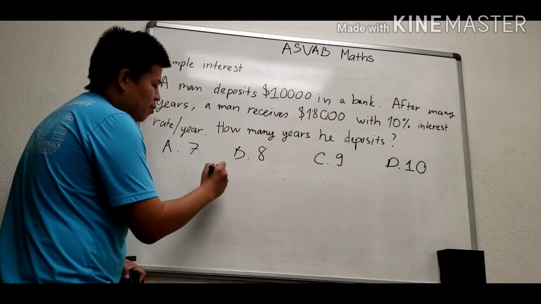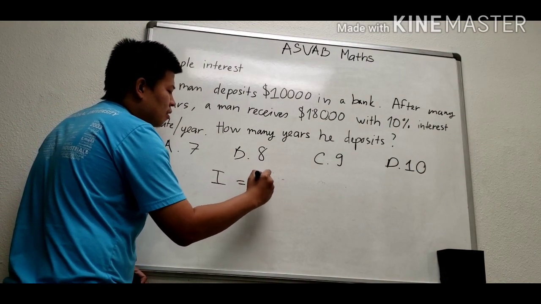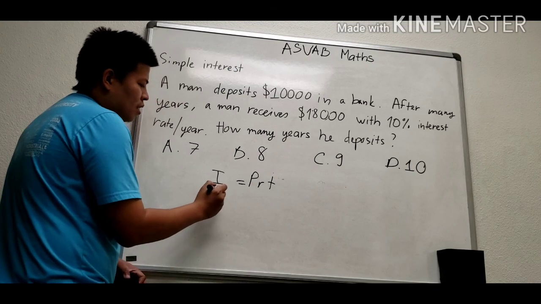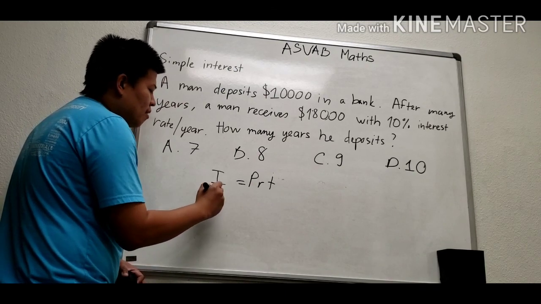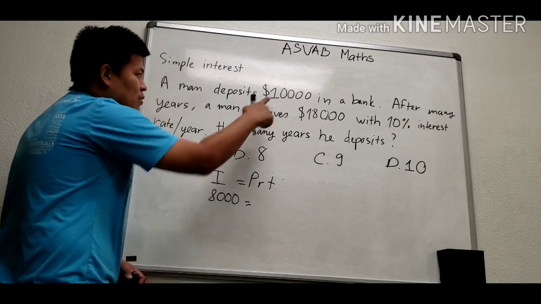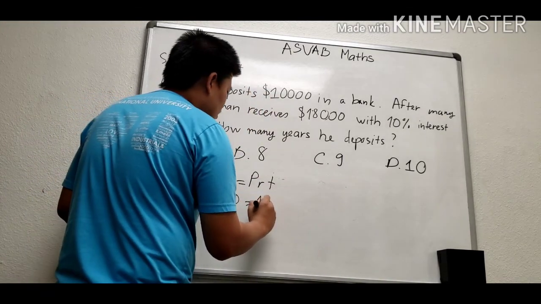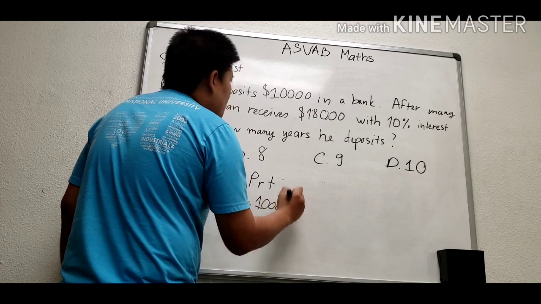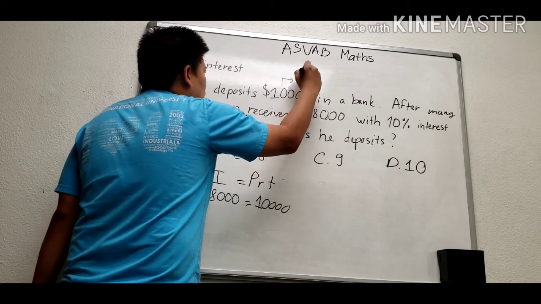And we put in here I, that's 8,000, equal to 10,000, which is the principal.